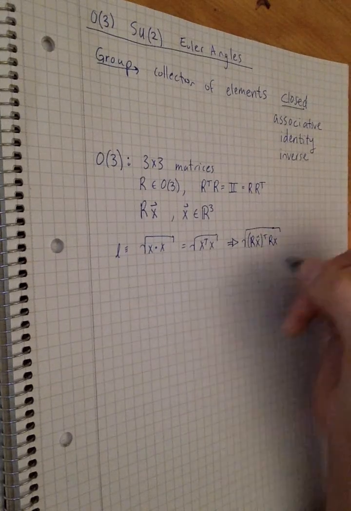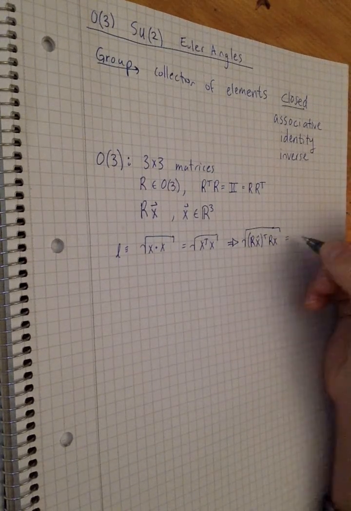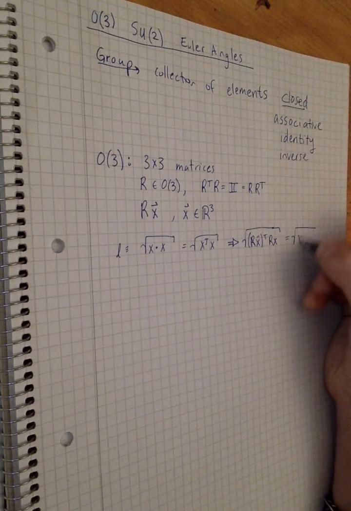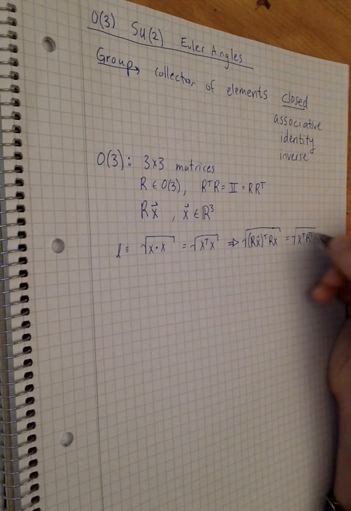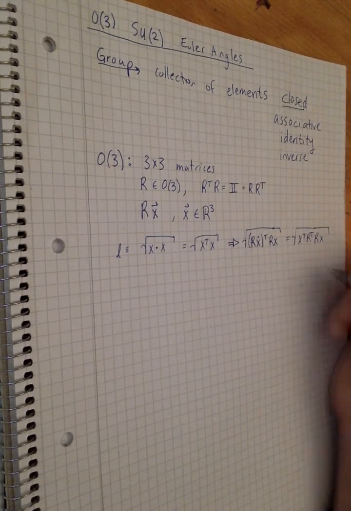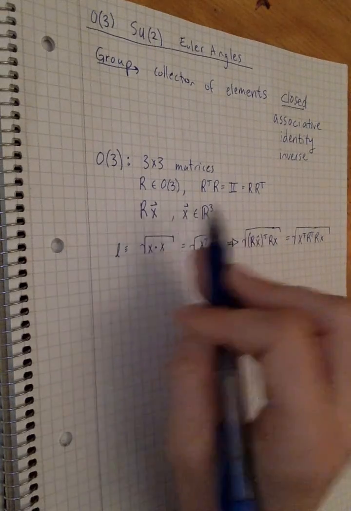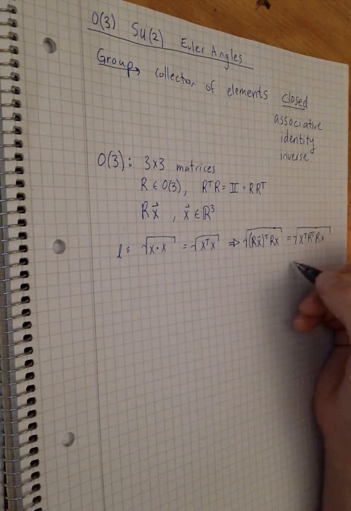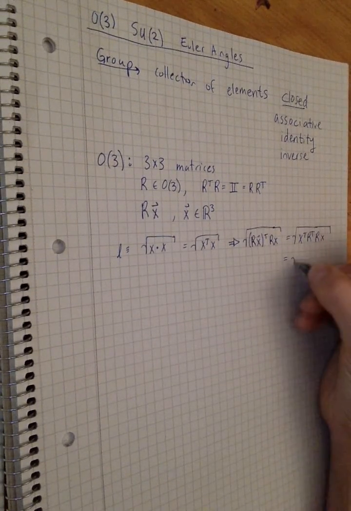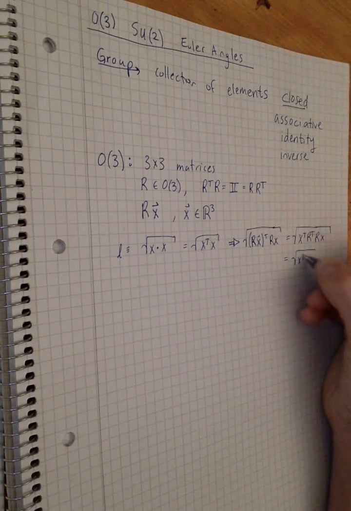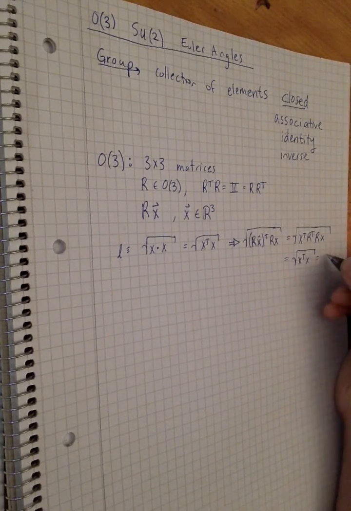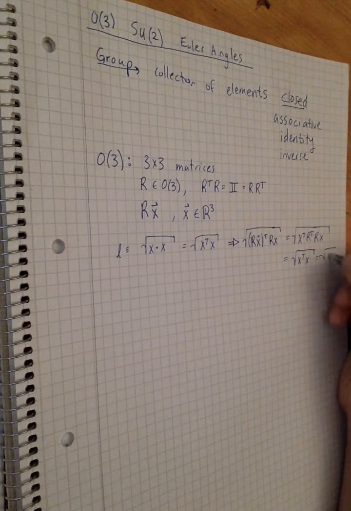And then this equals the square root of x transpose x. And since these elements are orthogonal, we have that x transpose x equals x dot x.